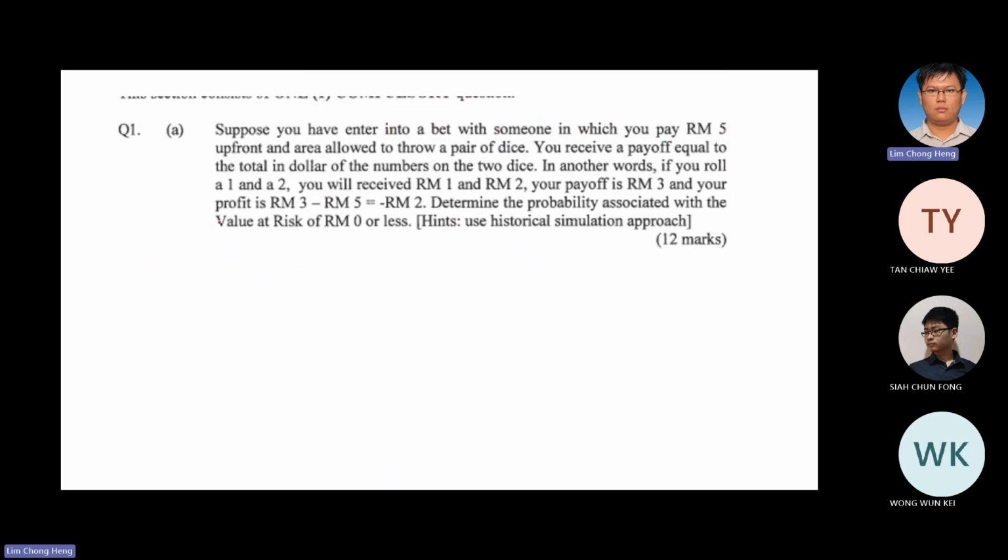So now the question is ask you the VAR of 0 or less. They're using RM because all the measurement in RM. In your assignment, I asking is a percentage.